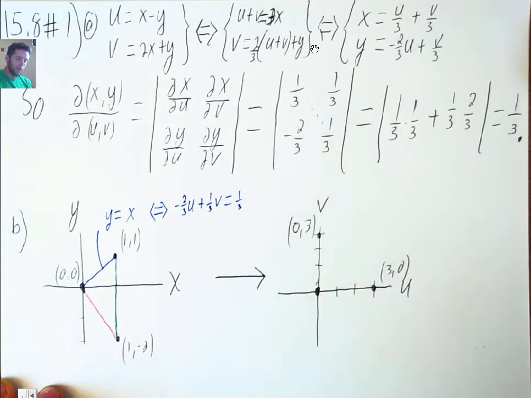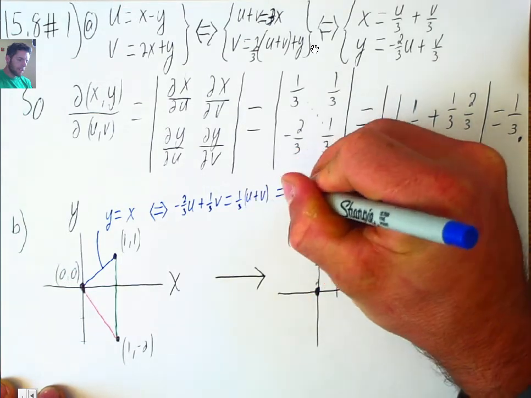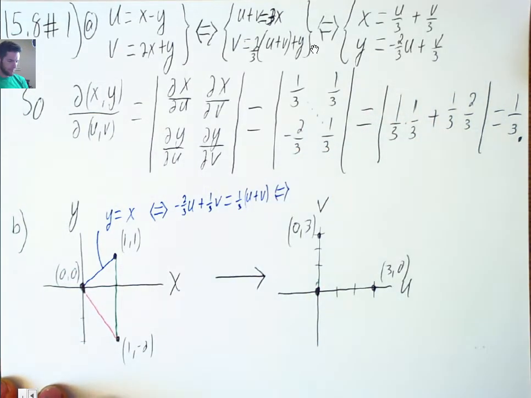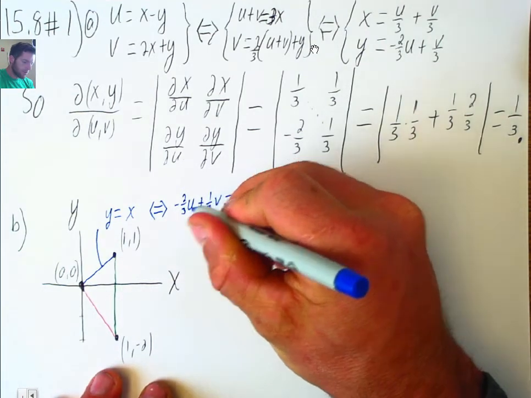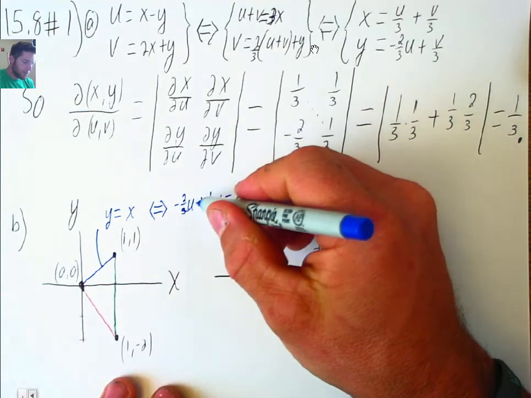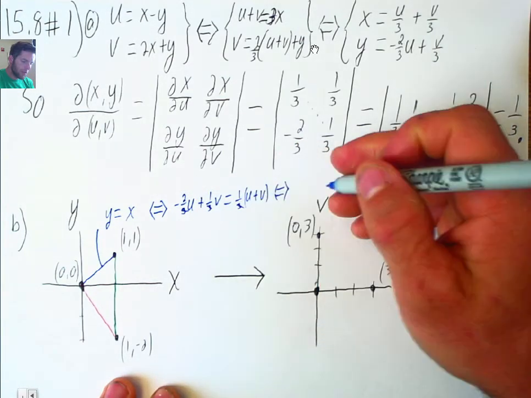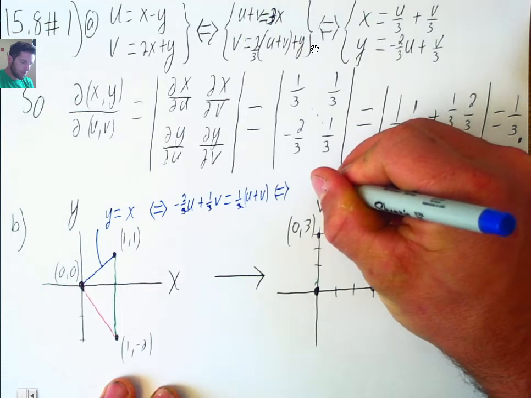Just trying to simplify things, let's clean that up a bit. I see that I can cancel the 3's all across here. I've got negative 2 u's, and if I bring all the u's to one side, we'll have just 3u.